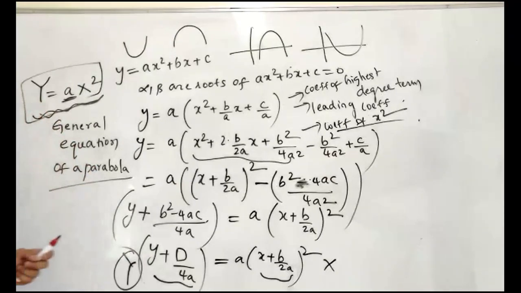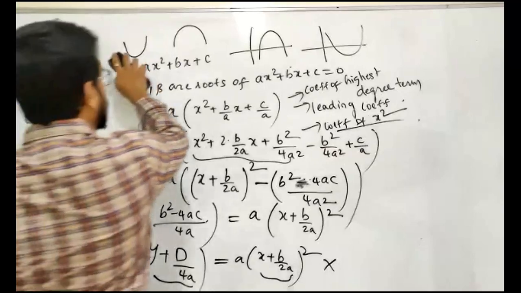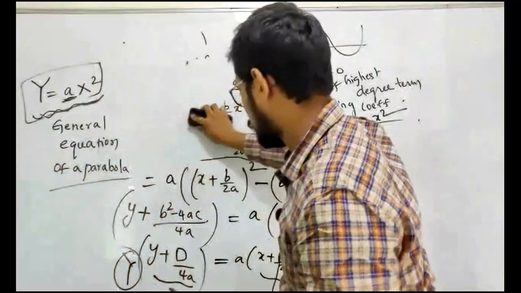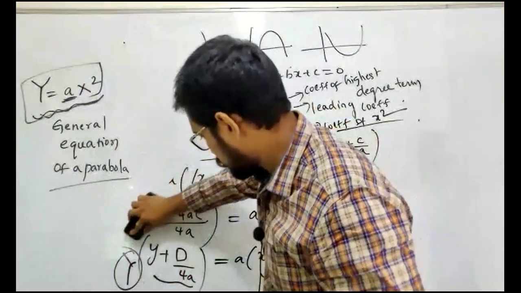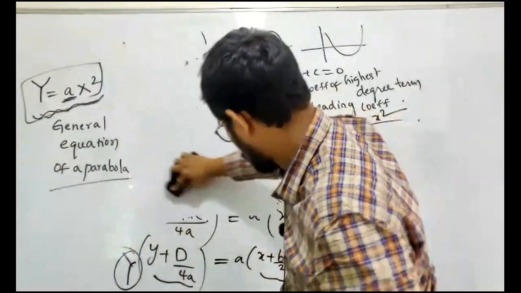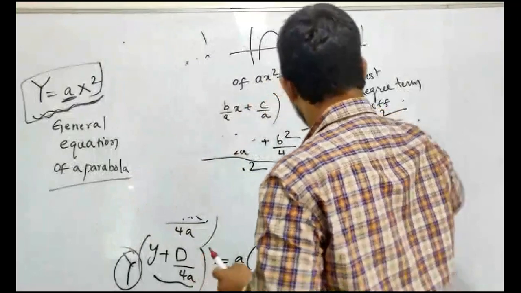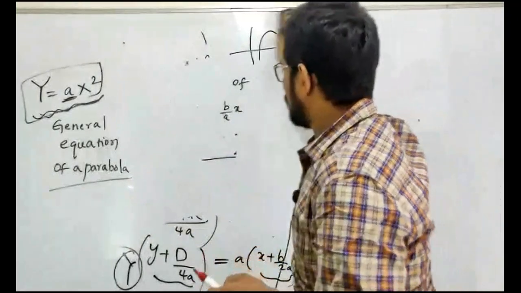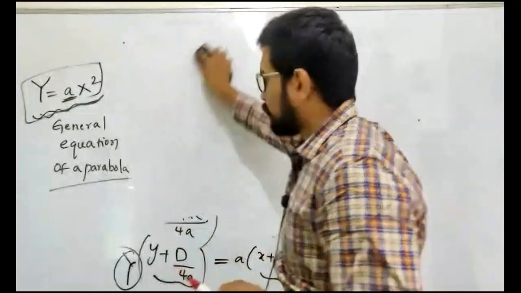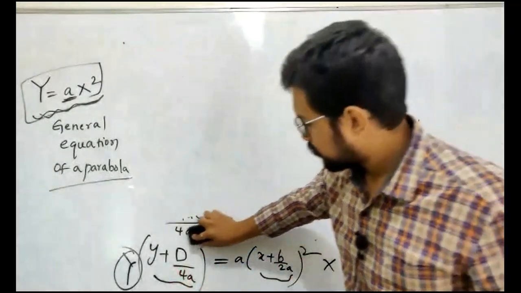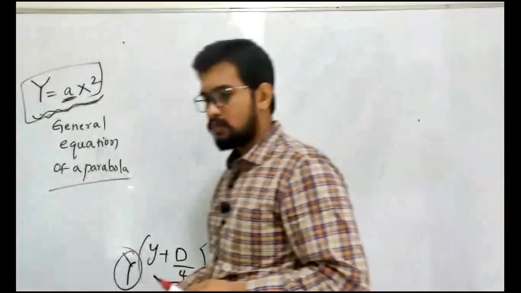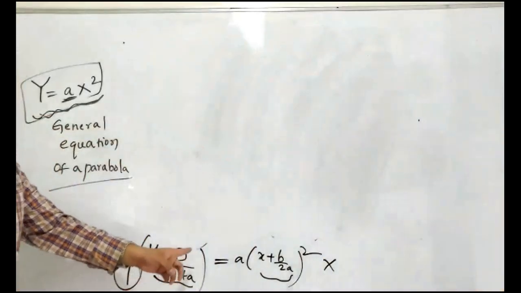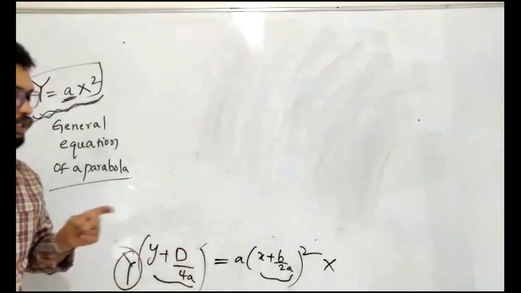I'll erase this top part. This is what we got: y plus d by 4a is a into x plus b by 2a whole square.